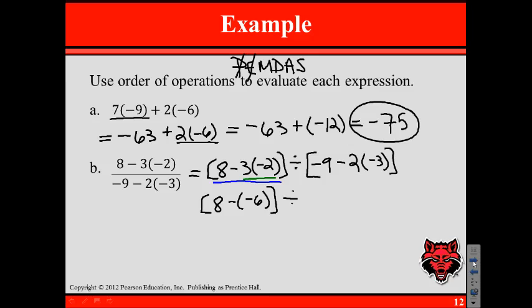Everything else stays exactly the same. Still working with this first set of grouping symbols, we have 8 minus negative 6. Using our shortcut, that's the same as 8 plus positive 6, or just 8 plus 6, which is 14.